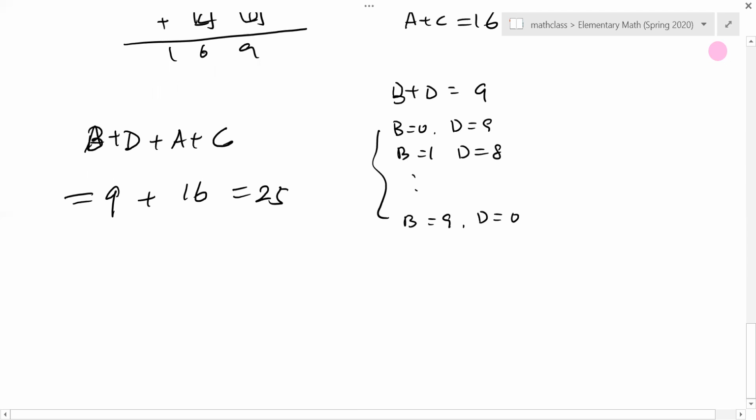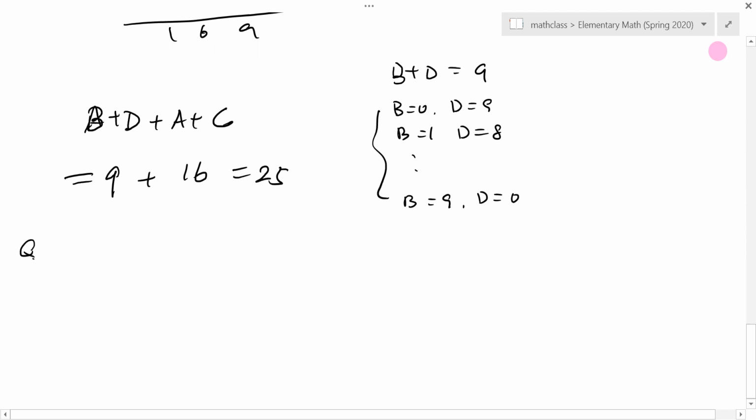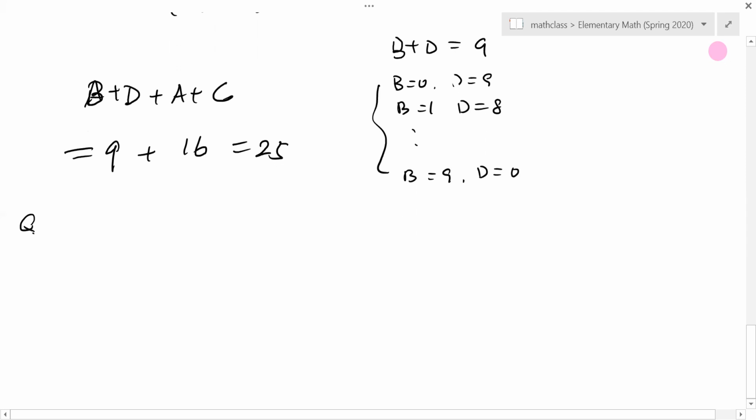All right, good. Our next problem will be, okay. Here, each letter represents a digit. Different letters may represent different digits, but the same letter represents the same digit.